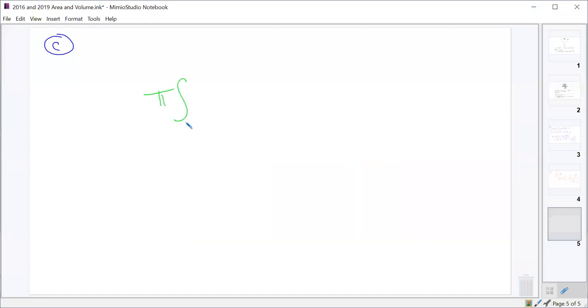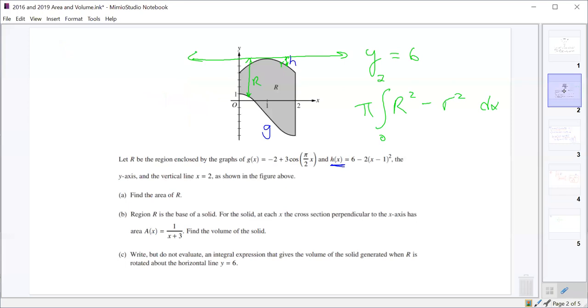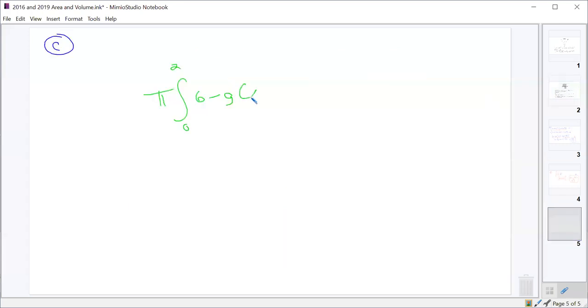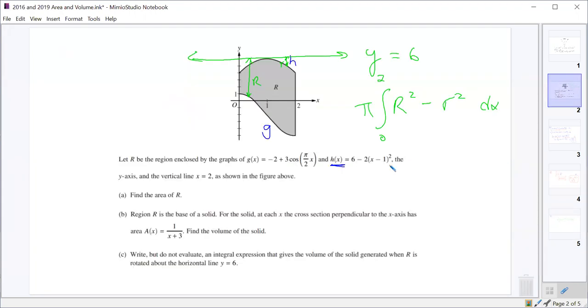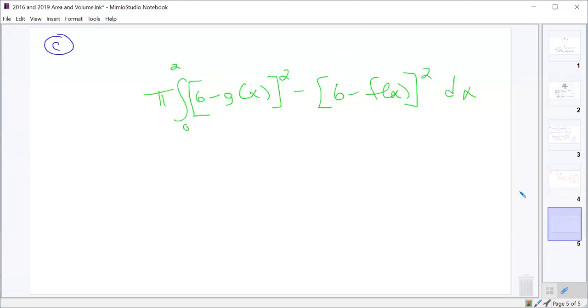So pi times the integral from 0 to 2 of 6 minus g of x squared minus 6 minus f of x squared dx. And that's good enough. If you wanted to replace the g of x and the f of x with the actual functions, you can. But if you leave it like this, that's also acceptable.